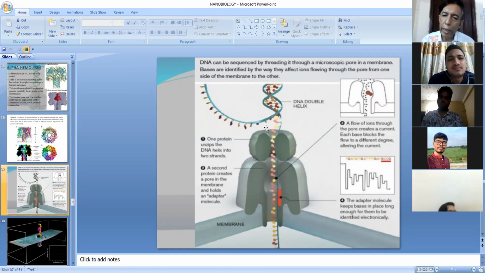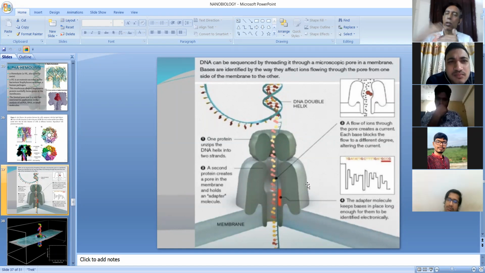When adenine enters this pore, the current experiences an obstacle. You are flowing current through this pore, and adenine is entering through this pore. Then the current faces an obstacle. So this obstacle can give a signal like this.